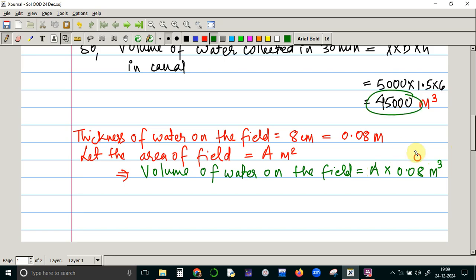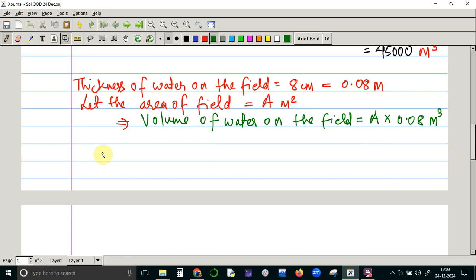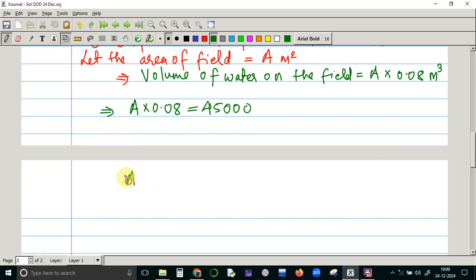Now this value and this value must match, which implies A into 0.08 equals 45,000.